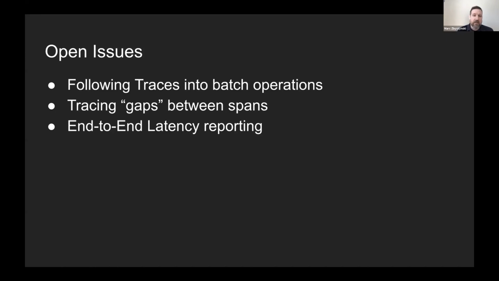And then lastly, the end-to-end latency is still something that worries me. I don't have a good way to see how long it's taking events from when they first enter to when they're completely processed. I can definitely see that on an individual span, but I can't see any kind of aggregate data over time or look at a histogram of my end-to-end tracing process. So that's another thing that would be really great to have.